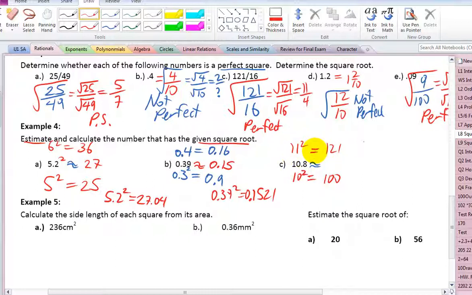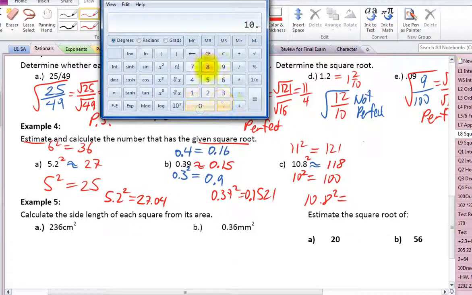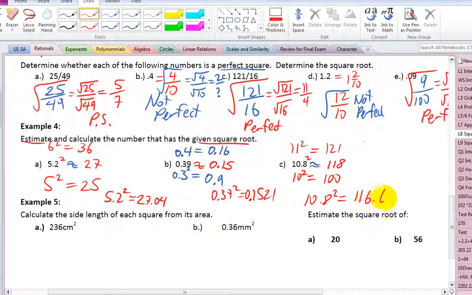So what about 10.8 squared? You know what? 118, 119, those are good ones. I'll even take 117, I think. So go to your calculator. What is it? 116.64. Good.